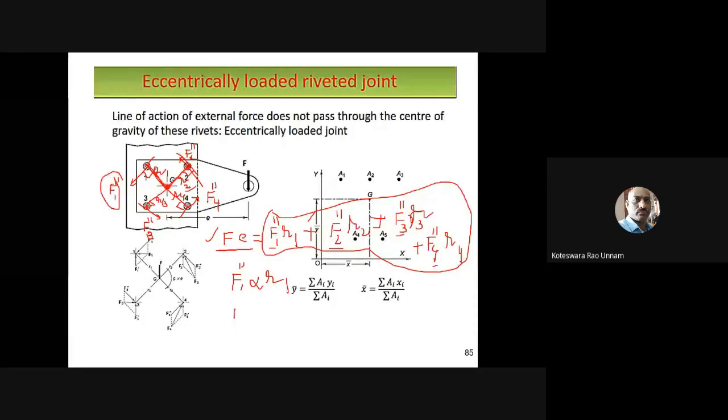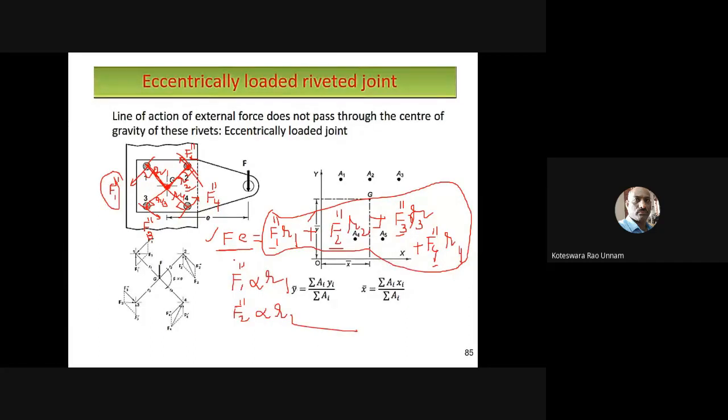Similarly, F2 double dash is proportional to R2, and so on. F3 double dash is proportional to R3, F4 double dash is proportional to R4, and so on. Fn double dash is proportional to Rn.